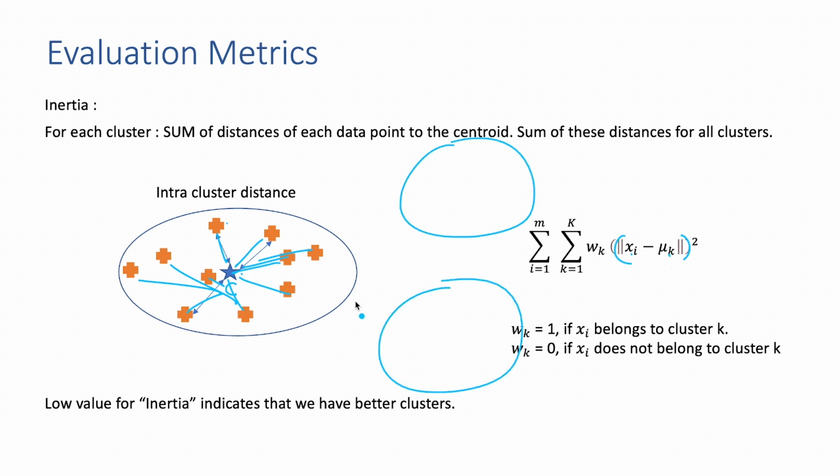Let's consider a case where you have 3 different clusters. Now you compute the within cluster sum of squared distances for cluster 1, WCSS for cluster 2, WCSS for cluster 3, or I can call it the sum of squared distances. The naming convention is left up to me.